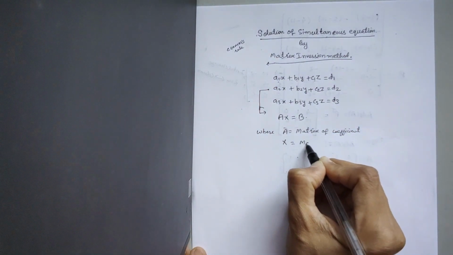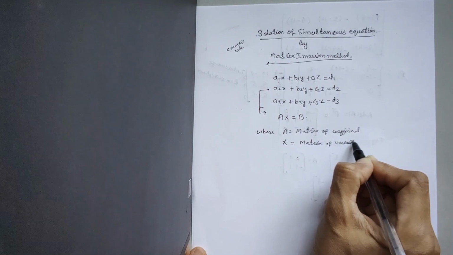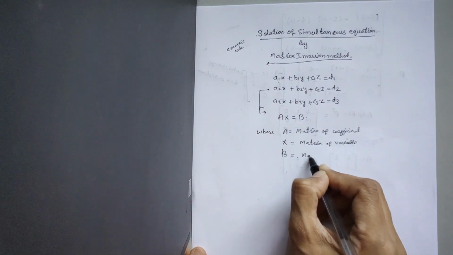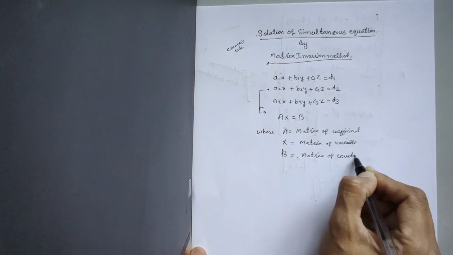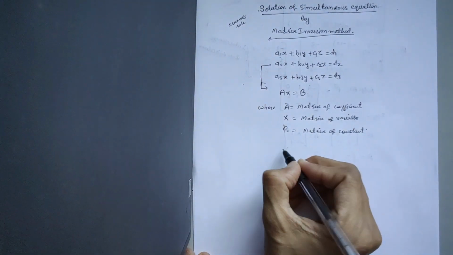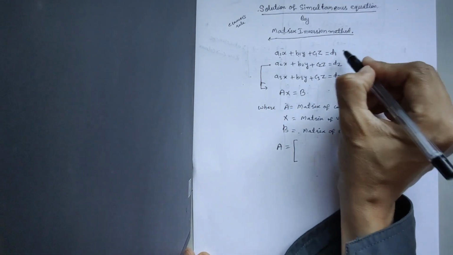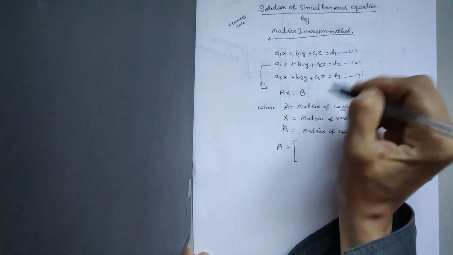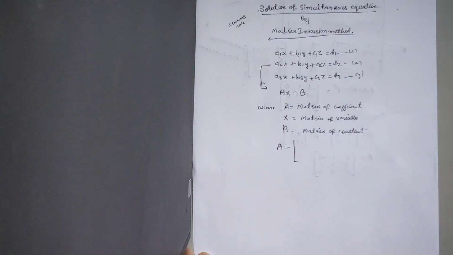X is called the matrix of variables, and B is nothing but the matrix of constants. Now we see how we can write these matrices. So A I can write as the matrix of coefficients. Just write the coefficients. If you are considering these as equations 1, 2 and 3, you can interchange the equations, someone can take them in a different order, but keep the sequence as it is till the end.